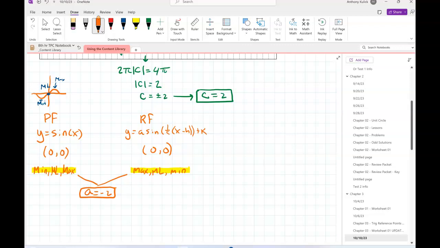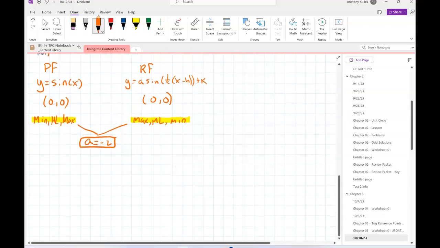So we've chosen the C to be positive. We've chosen to use a sine function. We've chosen a point to map to our parent function. We figured out the A value we have to have for that point. We still need to find the H, right? So let's show you how to do that.